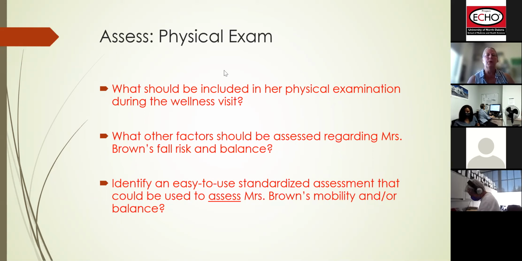We could look at vital signs, because she's already told us that she has a history of orthostatic hypertension, shortness of breath. Check her skin. We might do the Tinetti. So for a wellness screen, we're probably going to look at cardiopulmonary, integumentary, musculoskeletal, and cognitive.